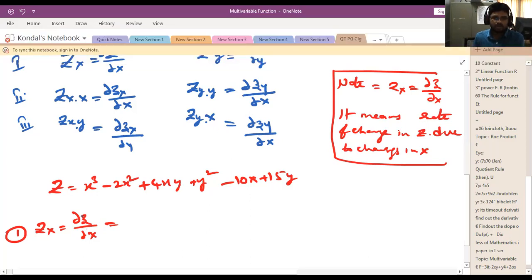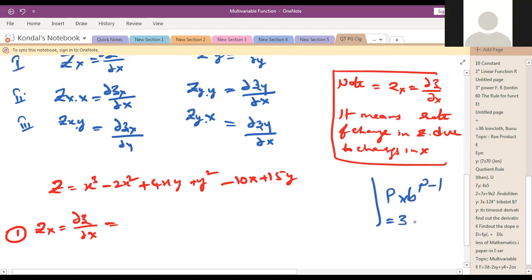So how do you solve the problem, this dou z by dou x? We take the derivative: power into base power minus 1. What is the power value here? 3.